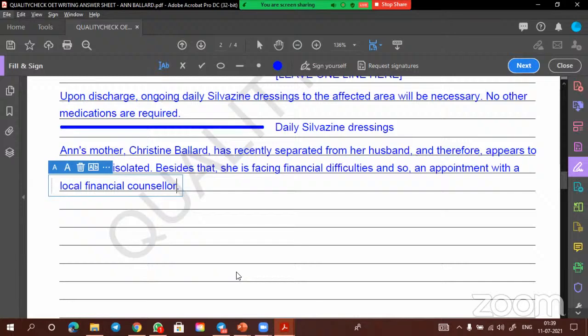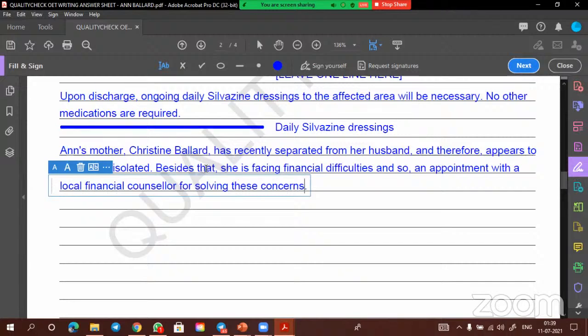So, okay, financial counselor, local counselor for solving these problems, for solving these concerns. Change, one side difficulties, another side concerns or issues.